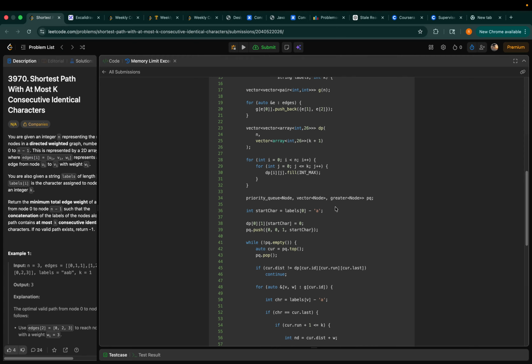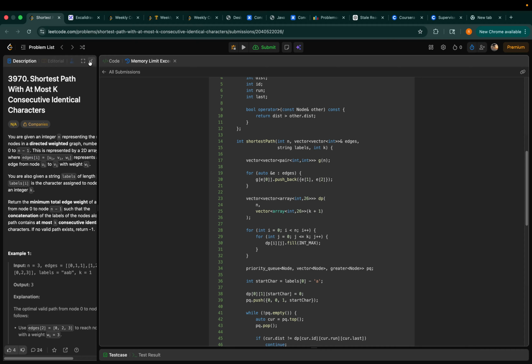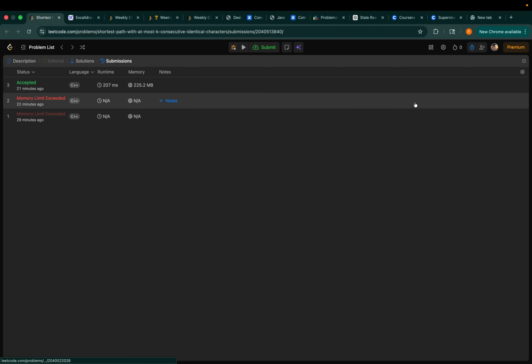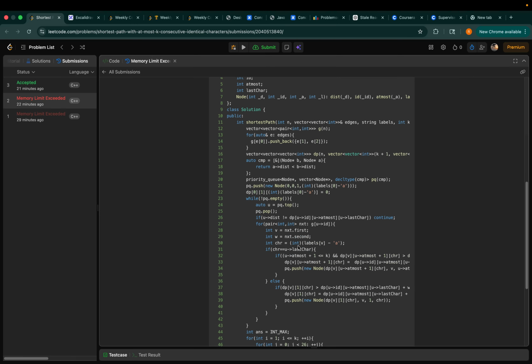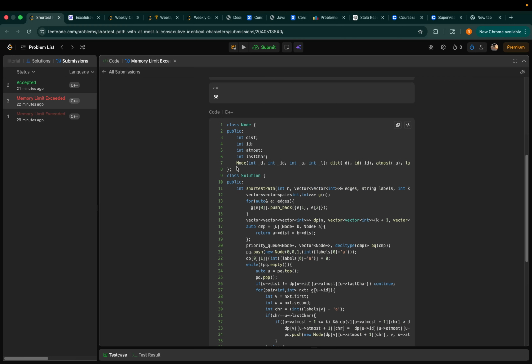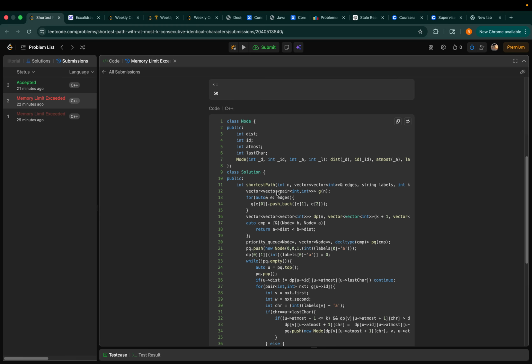So what I did was, wait a minute, sorry. Yeah. So you have this node, I defined a node which has distance, ID, how many times it occurred, and the last character. Okay. So this correctly encompasses the node state.